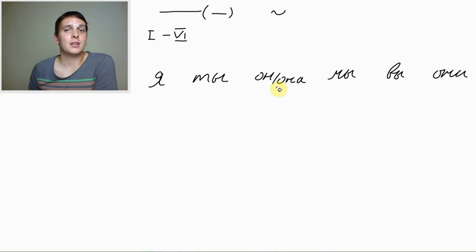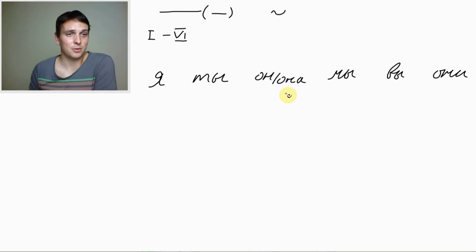However, if you read it as она and они, Russians will understand you. I told you so many times, Russian is a phonetic language. Once you know the alphabet and you can read, you read the right way. So here is one of the exceptions, but don't worry about this. I just mentioned it, and you can use it or not.